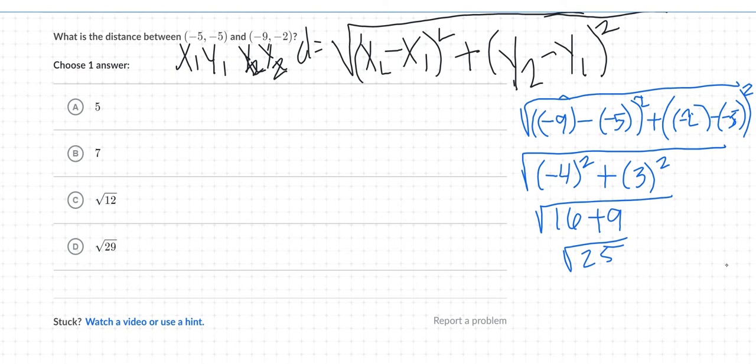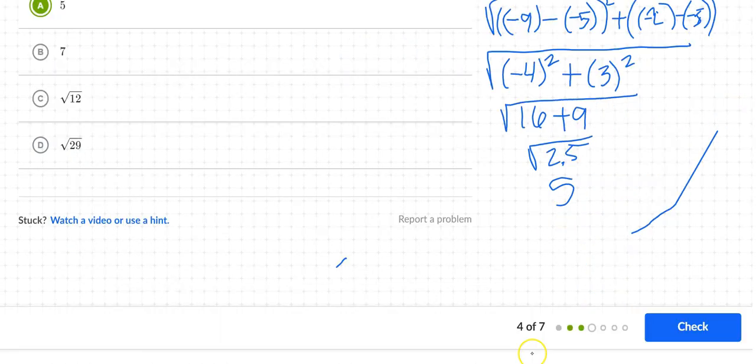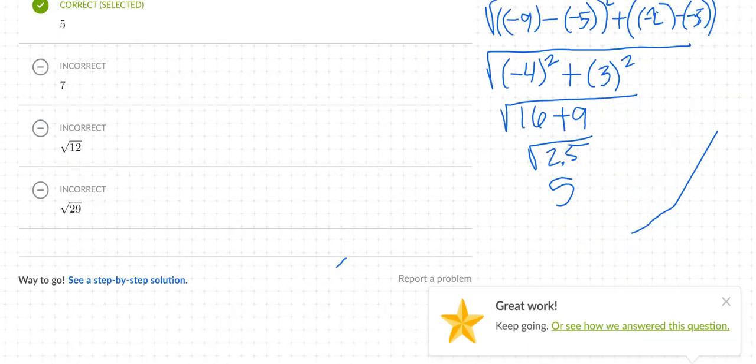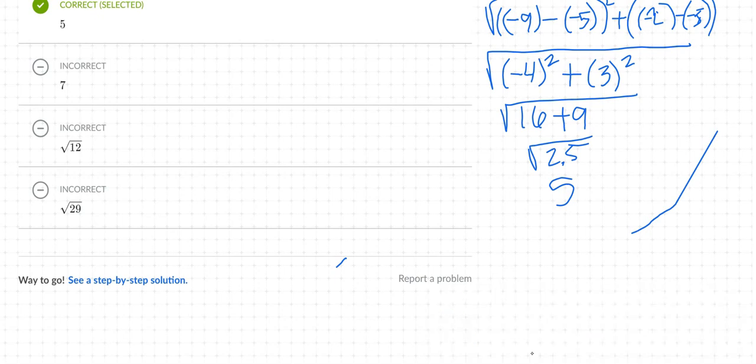If you remember, you could simplify this. This is a perfect square, which would be 5. So if we select 5, looks good.